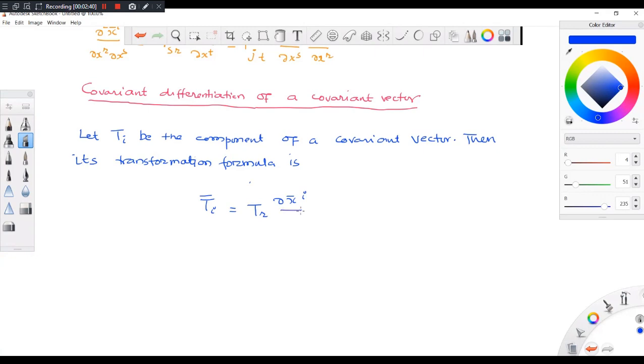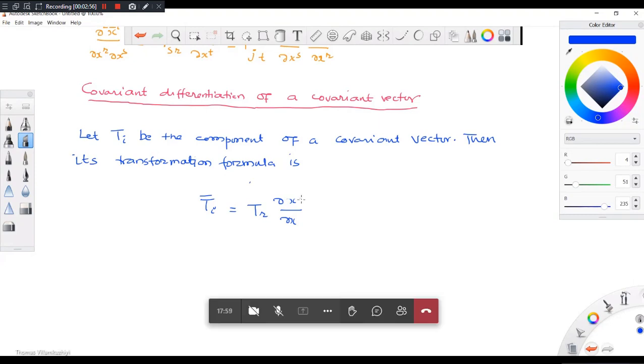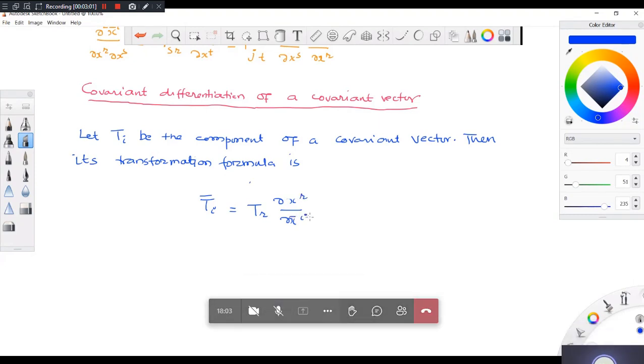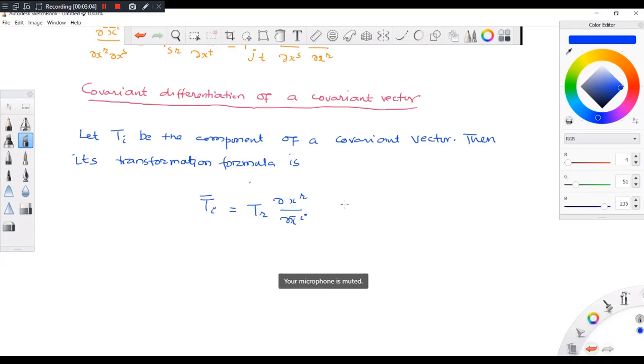Oh, sorry, this is covariant, so it will be reversed. So this will be del x r, and here bar i will come. Okay, so this is one. This you have written.